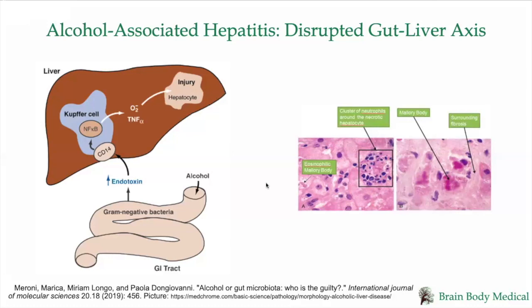So when you look at the liver cells, this is what you see. You have a lot of the inflammation here with neutrophils and some of the hepatocytes dying off because of the reactive oxygen species and the inflammation.